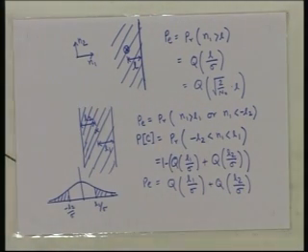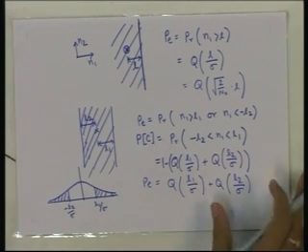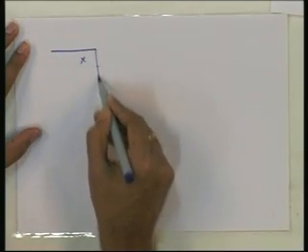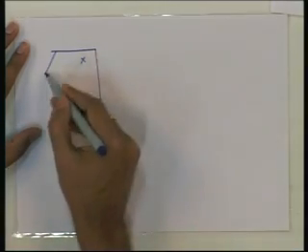Similarly, we can compute probability of error for decision regions of some other types, which we will do in a moment. Let us now consider a decision region of this type. Now, it is not only along one dimension, but let us say we have a decision region of this type.